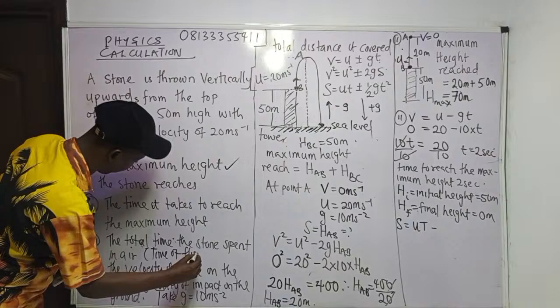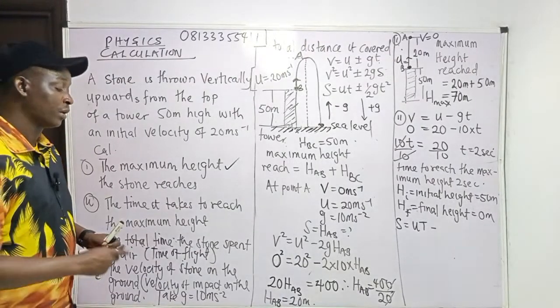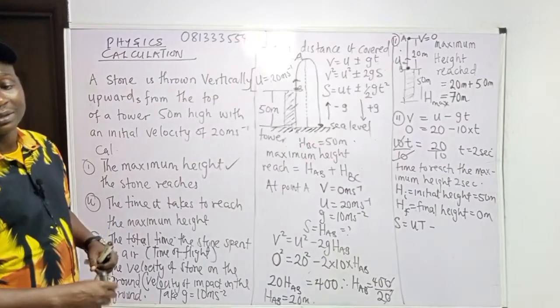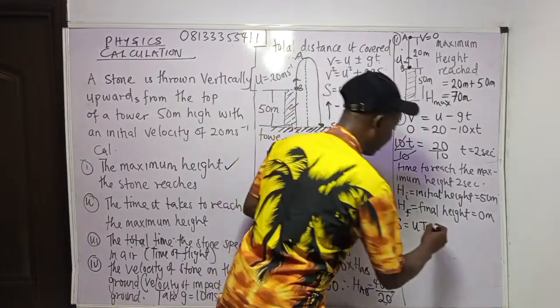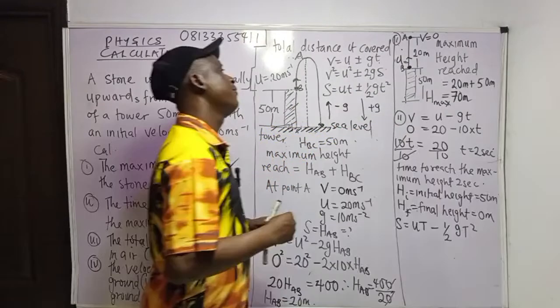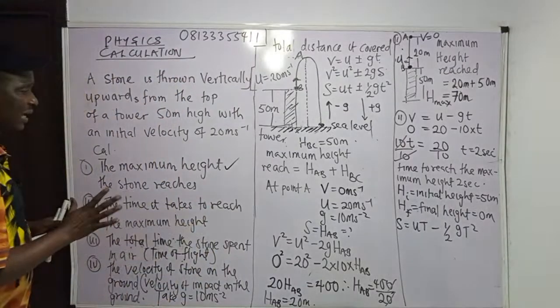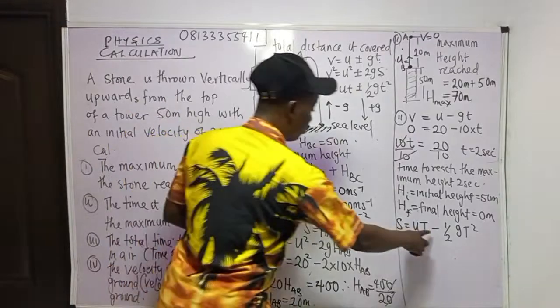The question can be twisted that way, that calculate the total time of flight. That is the formula we use from this place. And we know why we use the minus sign.